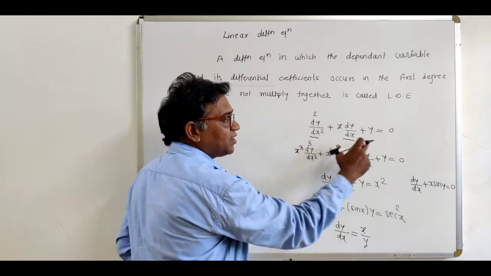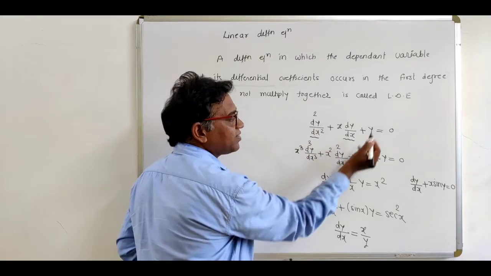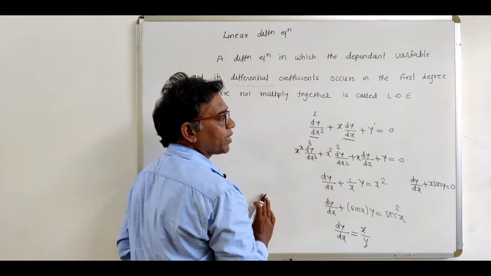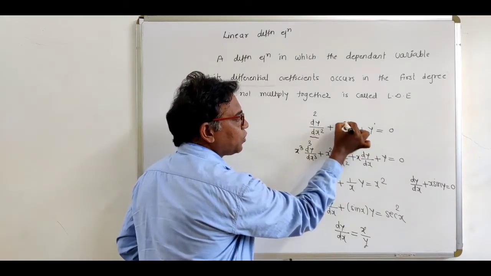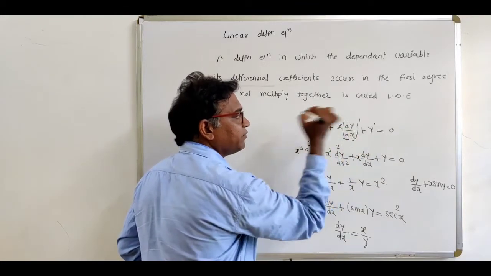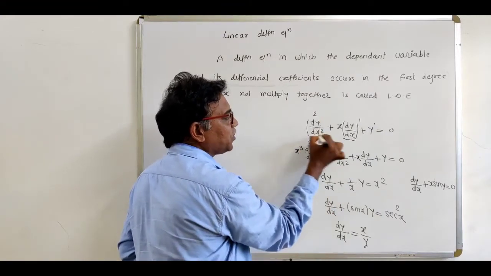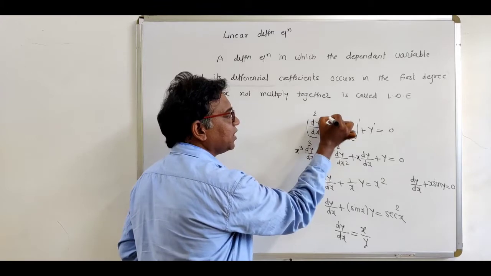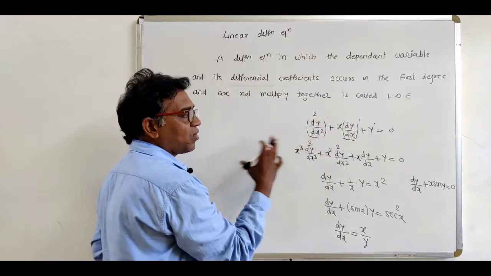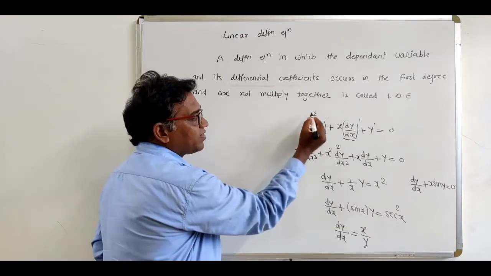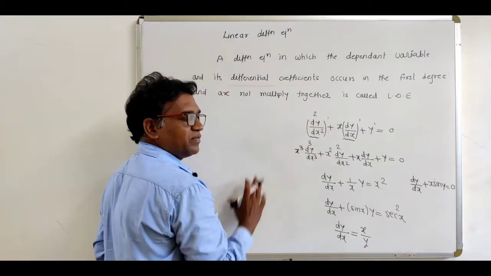Now if we consider this first example, then obviously the degree of this y is 1, so that is the linear term. The degree of this differential coefficient dy by dx is again 1. The degree of this next differential coefficient d2y by dx2 is again 1. So this is called the linear differential equation. So obviously this is a second order linear differential equation.